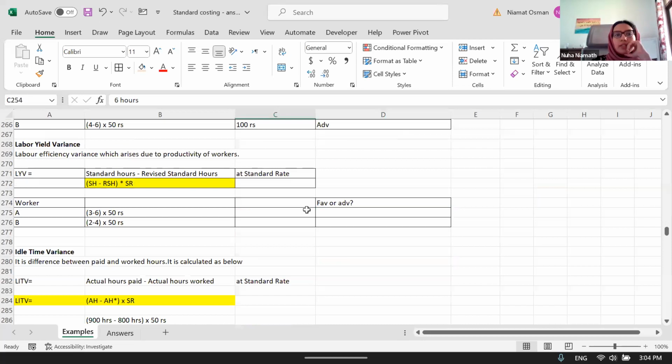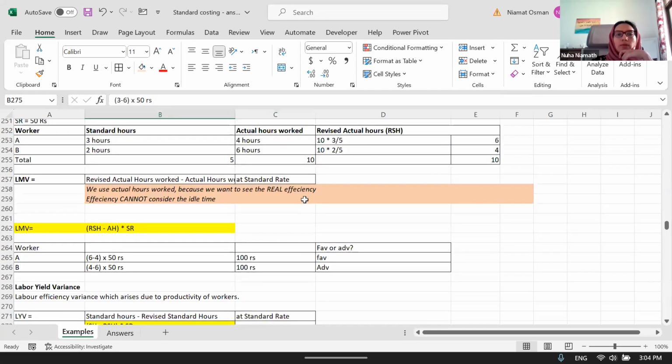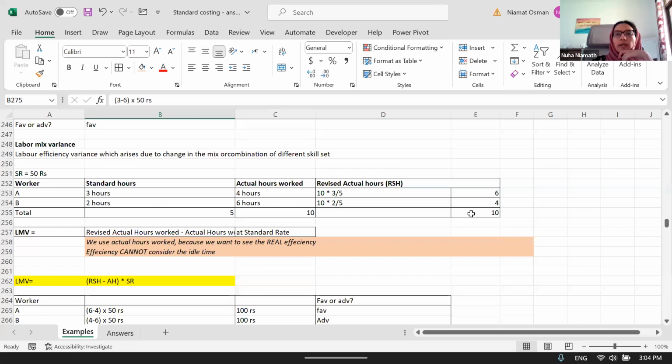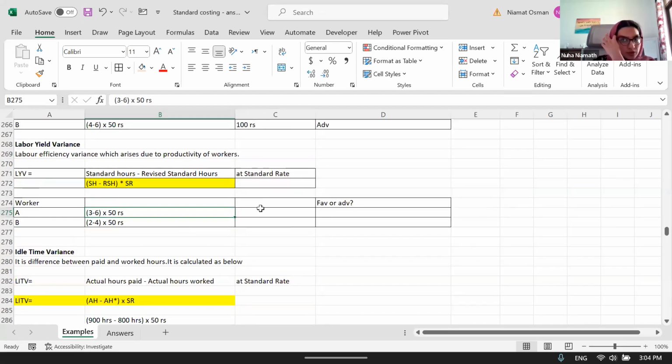Then we have the labor yield variance. Yield variance is the difference between standard hours and revised standard hours, that is, revised actual at standard rate. So again, let's take the formula. 3 minus 6 and 2 minus 4 at 50 rupees, because 50 rupees is our standard rate.